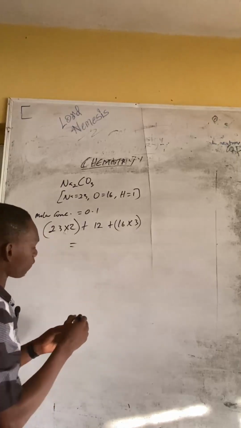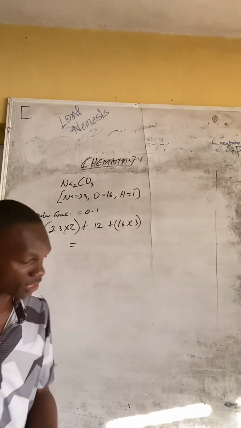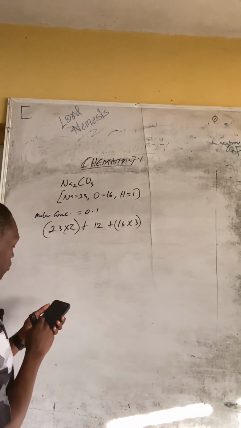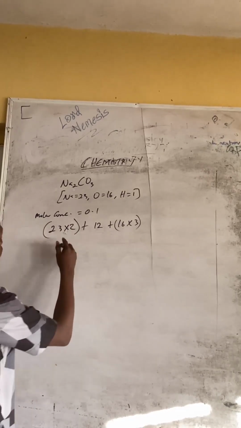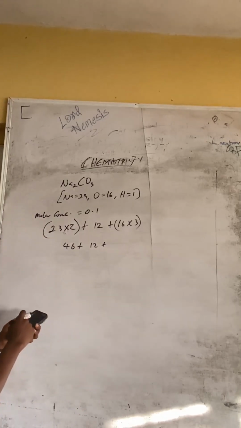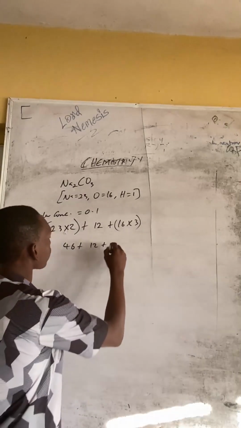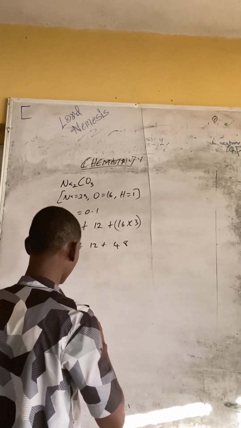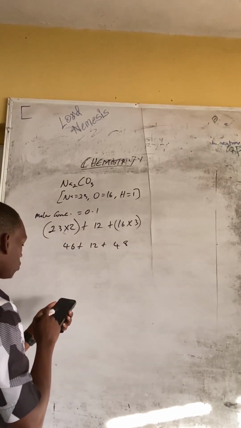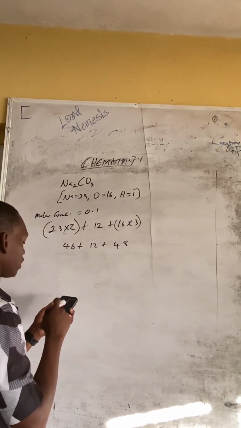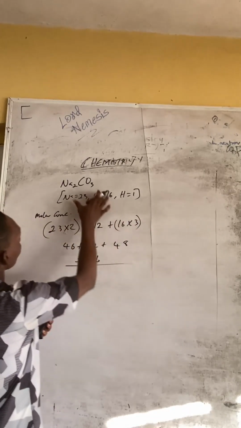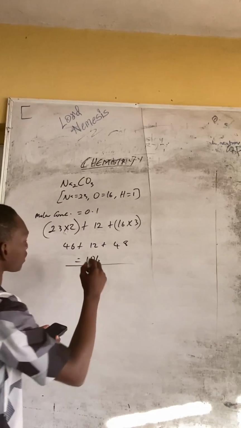Let's simply solve that using our calculator. 23 times 2 gives us 46, plus 12, plus 16 times 3 gives us 48. If we sum all of that, 48 plus 12 plus 46 gives us 106. So the molar mass is 106 gram per mole.